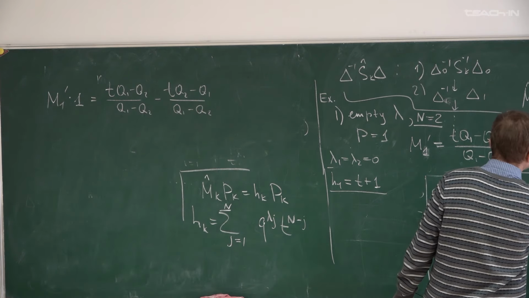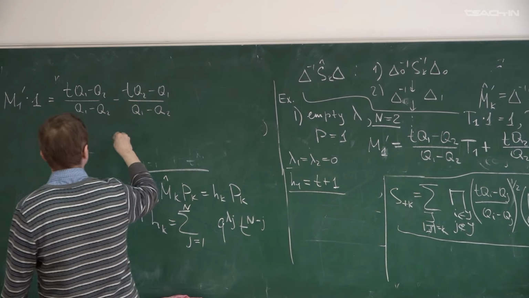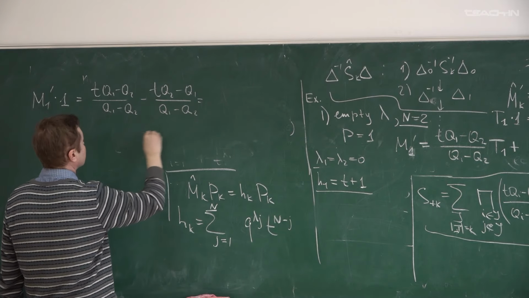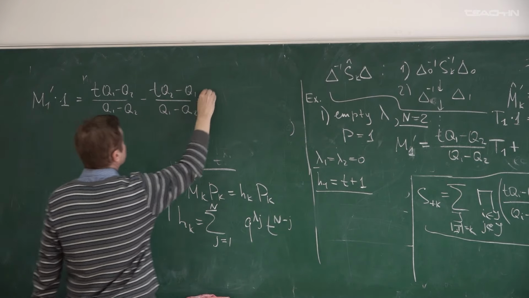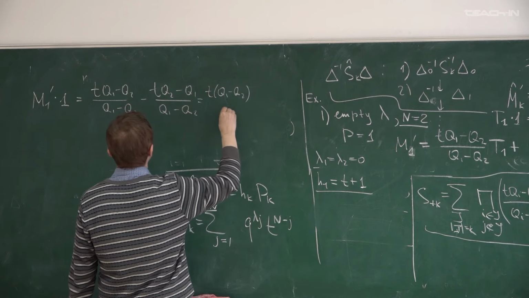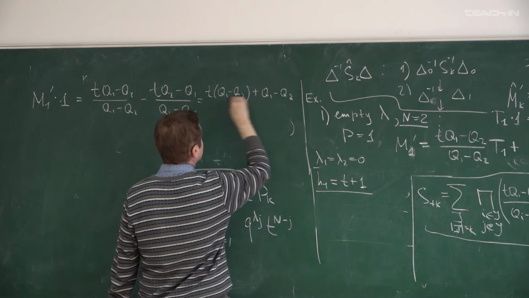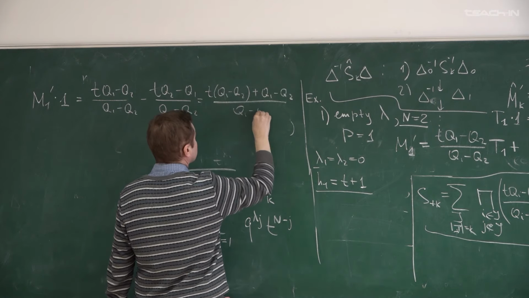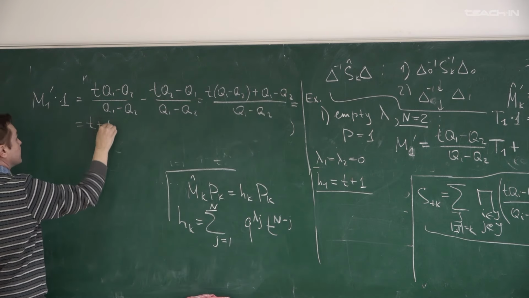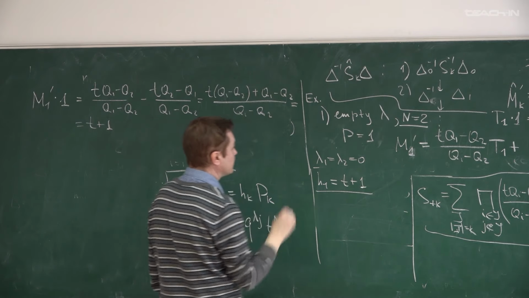We have here q2 minus q1, but I put here q1 minus q2. So we see that we obtain t q1 minus q2 plus q1 minus q2 divided by q1 minus q2. And this is t plus 1. This t plus 1 is this h1.